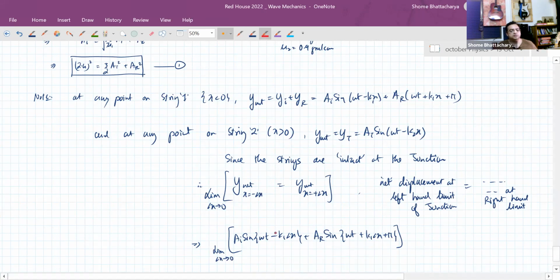actually this will become plus and this will become minus. So you're taking x equal to minus delta x. Anyhow, the limit is delta x tending to 0, so it doesn't really matter.